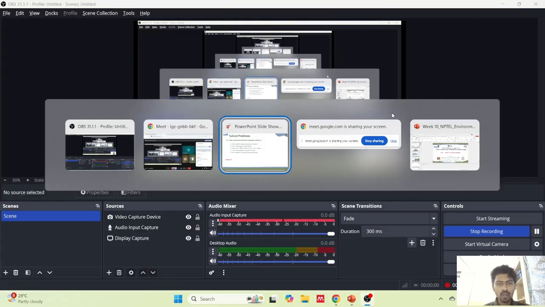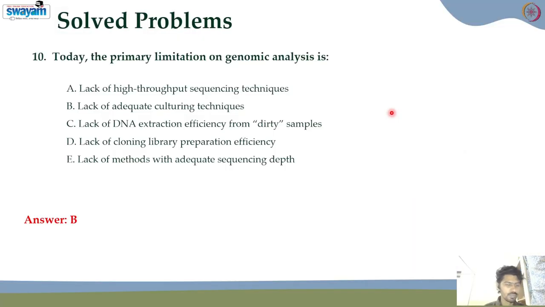So why not the other options? If you see high throughput sequencing, as we already know, next generation sequencing has been developed, which is rapid and high throughput. So this is not a primary limitation today.